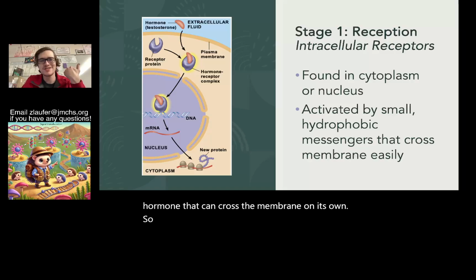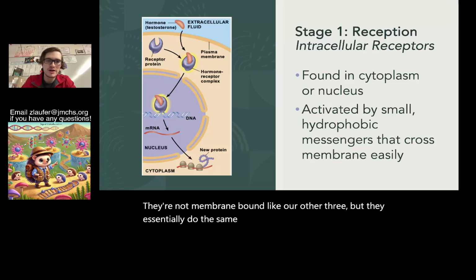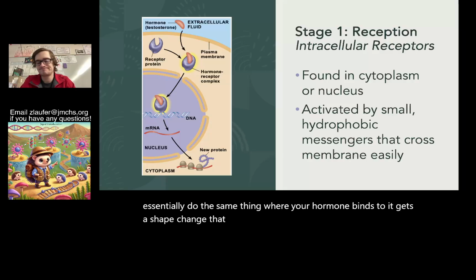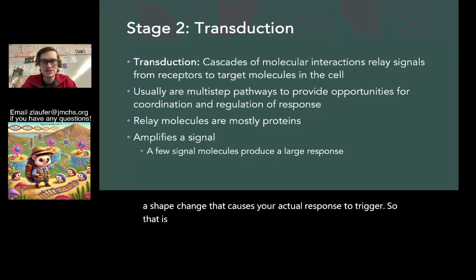So these ones are a little different because they're not membrane bound like our other three. But they essentially do the same thing where your hormone binds to it, it gets a shape change that causes your actual response to trigger. So that is our reception stage.